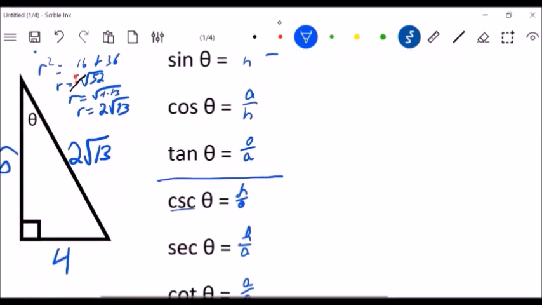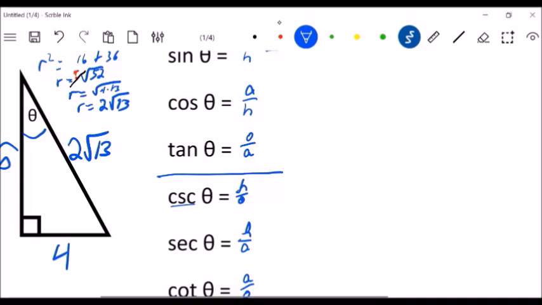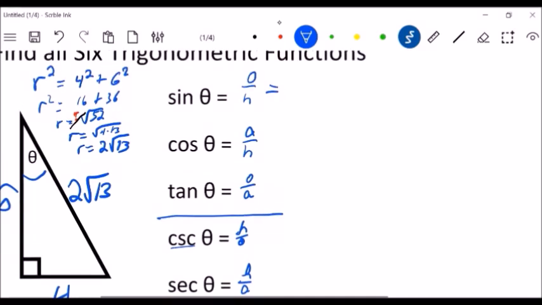For the sine, the opposite for this angle, theta, is 4. And we're going to put that over the 2 root 13 for the hypotenuse. Immediately we see we can cancel the 2 into the 4 to make a 2 above. And that means now that we have 2 over root 13, we would be done, except that we are not allowed to have a square root on the bottom of the fraction.